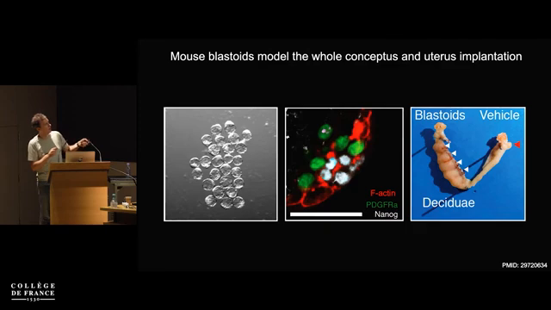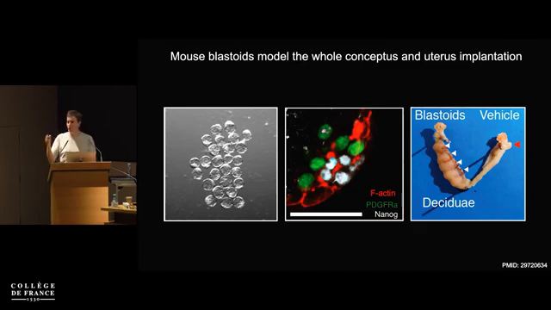In the first protocol, actually the primitive endoderm was underdeveloped. I will come back to this. But because this is a full structure, we can transfer it back into a uterus. And this is what we did here. And you can see that the uterus is reacting by forming this cocoon that is called the decidua. And this is the normal reaction of the uterus.